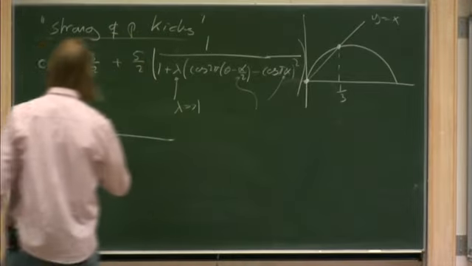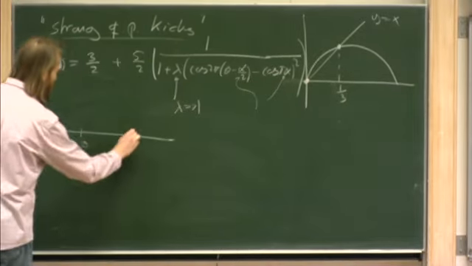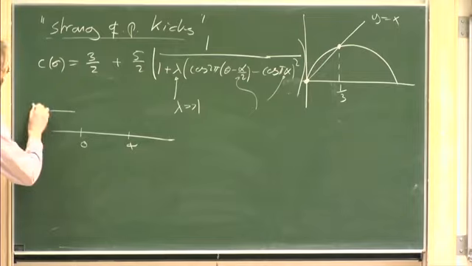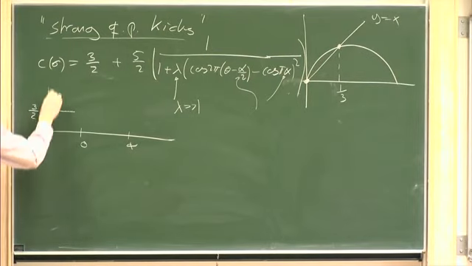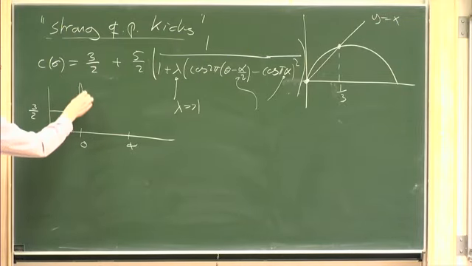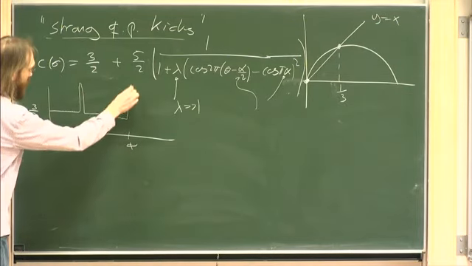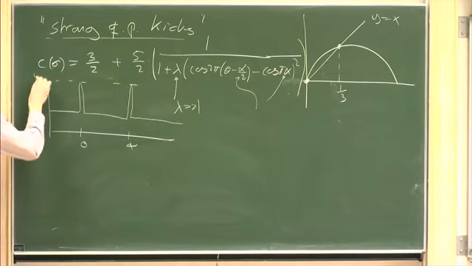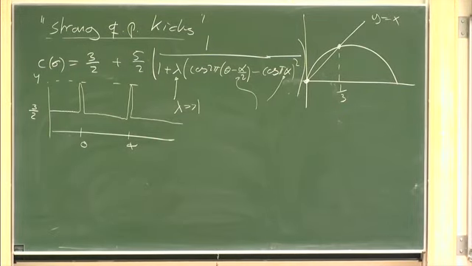What does this look like? It looks something like this. Here we have 0. Here we have alpha. It's close to 3/2 for most theta, and then it makes two bumps like this, and they go up to 4. Remember, for 4, this was in the chaotic region.